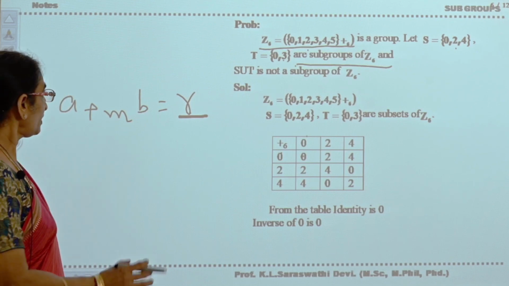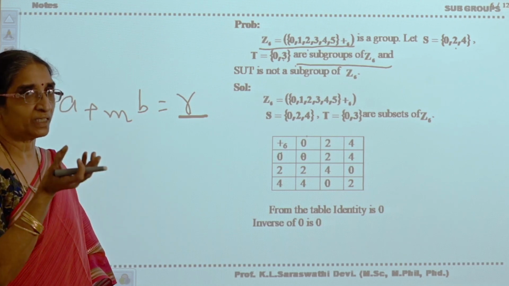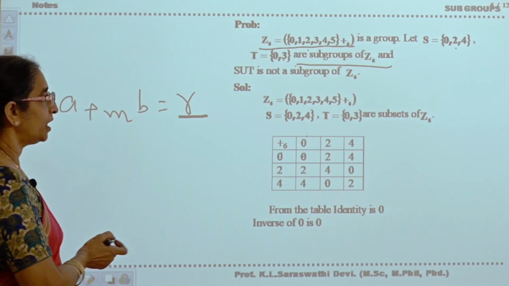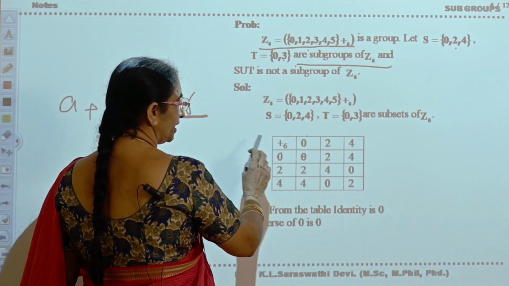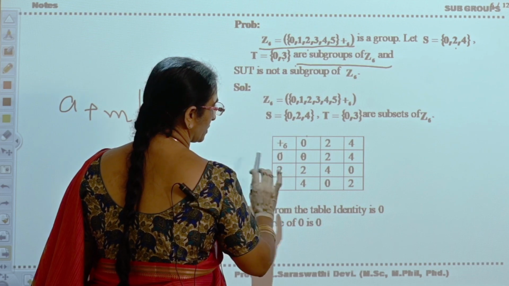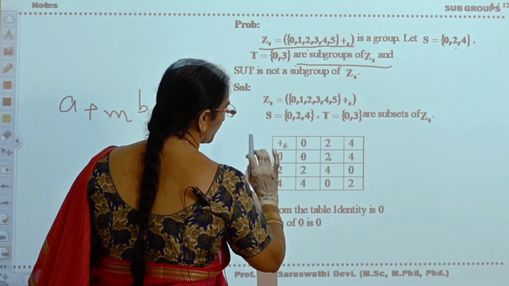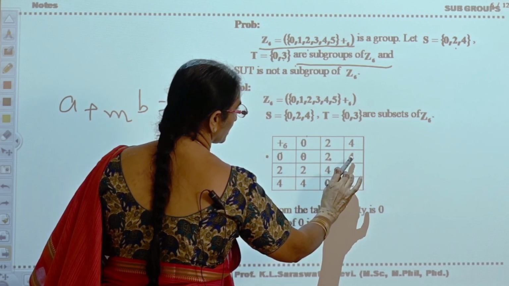If a plus b is less than m, a plus b can be taken as the value. Now 0 plus 0 mod 6 is equal to 0 because 0 is less than 6. 0 plus 2, 2 mod 6, 2 is less than 6, so 2. 0 plus 4, 4 is less than 6, so 4.